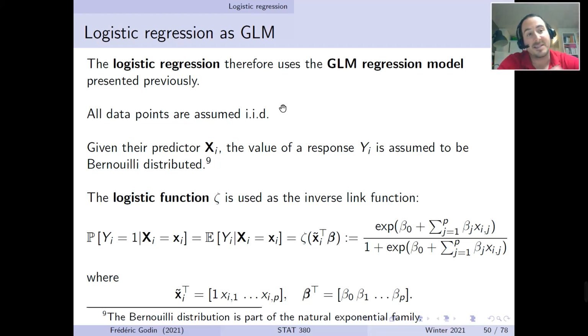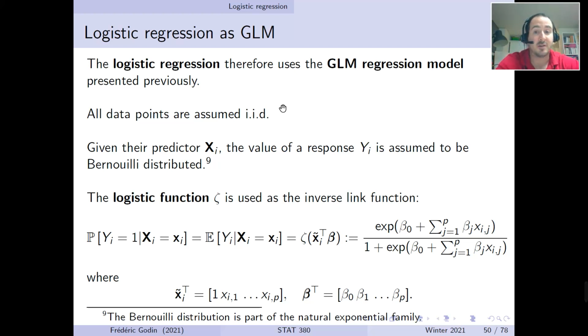This is the parametric assumption, a very simple distributional assumption. Instead of assuming a Gaussian distribution for the predictors as in the LDA or QDA approach, the distributional assumption we make here is that the response is Bernoulli distributed.